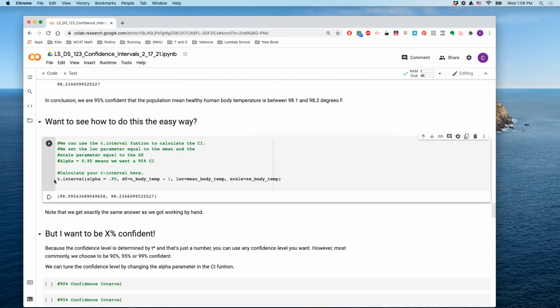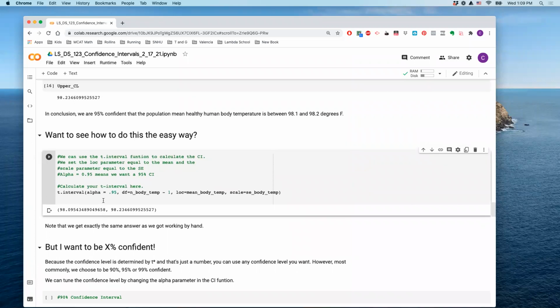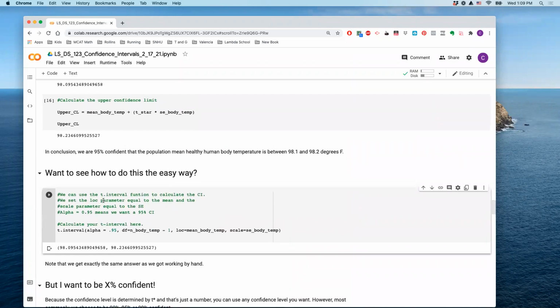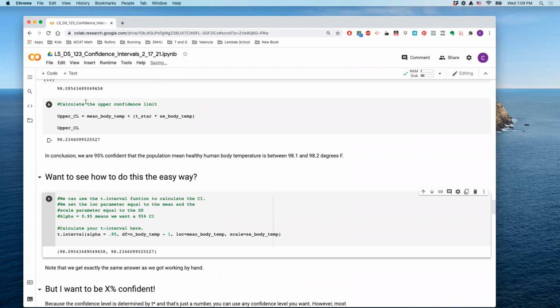So if we run this, we get our confidence interval, both ends of the confidence interval. And if we scroll up and look between the two, we can see we get exactly the same answer either way. So using T-interval does spare you a little bit of calculation. It's much easier to change the confidence level, and we're going to see what happens when we do that in a minute.